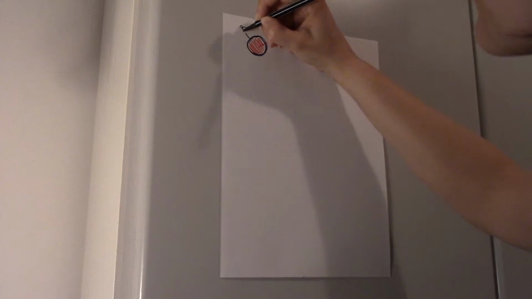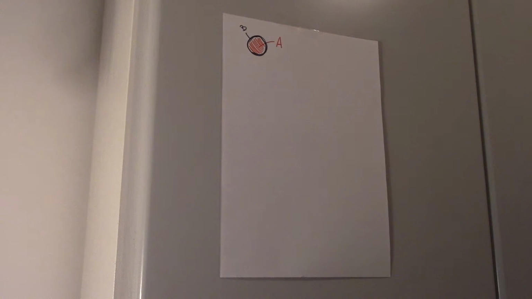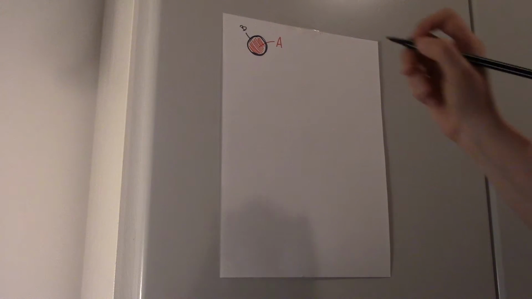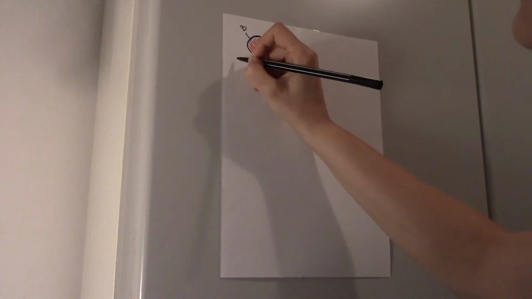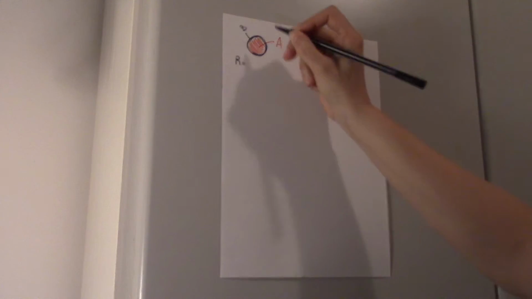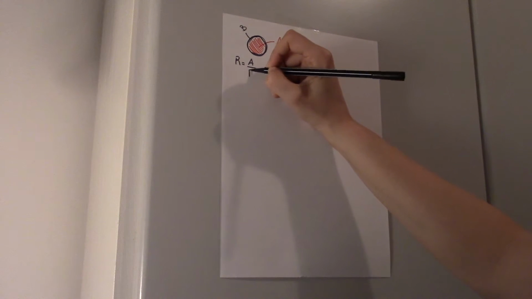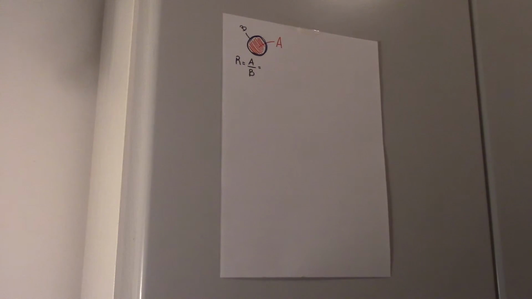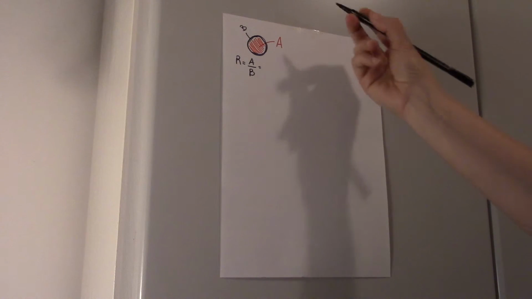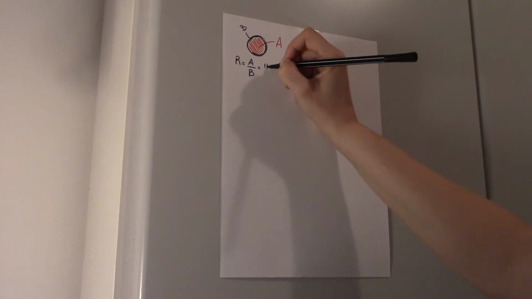Then, for example, let's try to compute the hydraulic radius for a circular pipe. Then we'll have that R is given by A over the wet perimeter, but in this case A is equal to the cross-section area, so it will be pi.